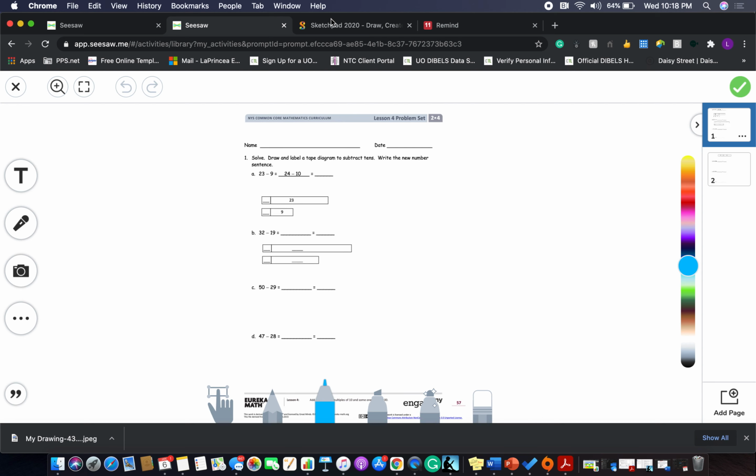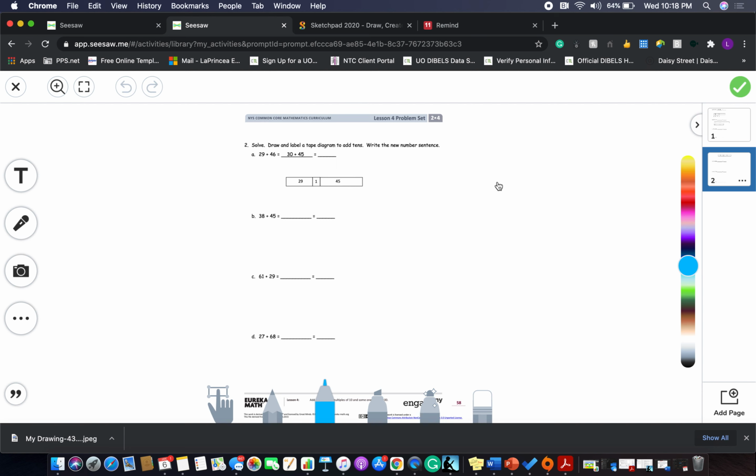Okay, there it is. Here you are adding the same number to the end of each one. And here you are creating those tape diagrams with a number on one side, a number in the middle, and a number on the other side.